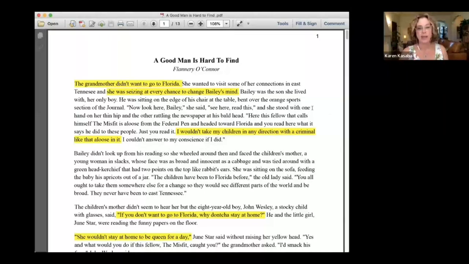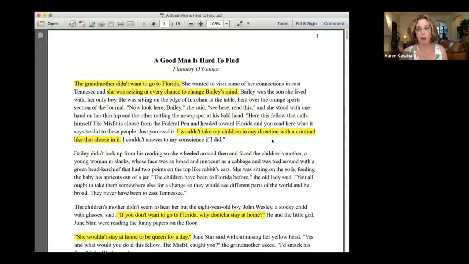She's just read that there's someone out loose called the Misfit, and he's loose from the federal pen and headed towards Florida. And you read here what it says he did to these people. "You just read it. I couldn't answer to my conscience if I did." And so she's laying out her reasoning right here in the first paragraph of, let's not go to Florida.